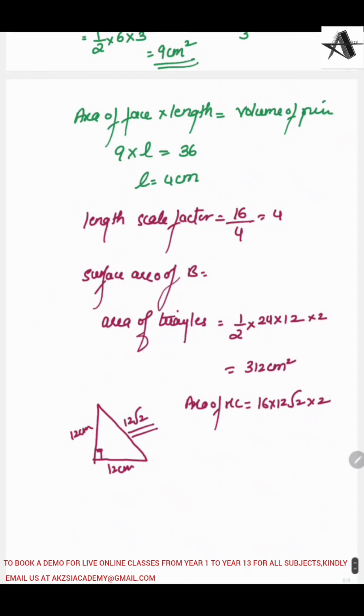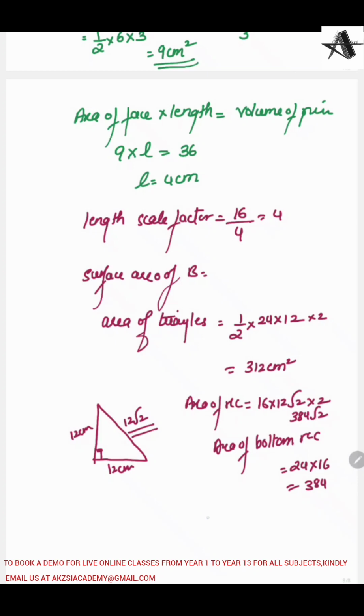So plus the area of the bottom rectangle, 24 into 16. So this is ultimately 384 root 2 and this is 384.